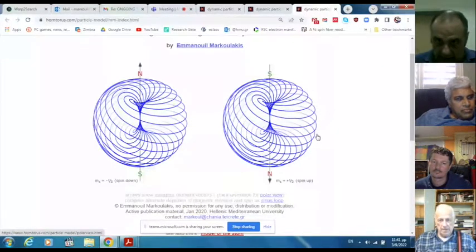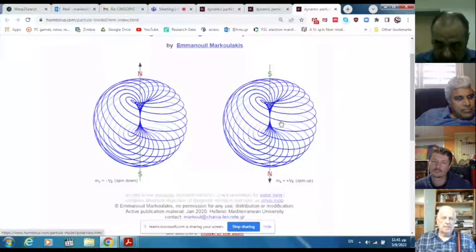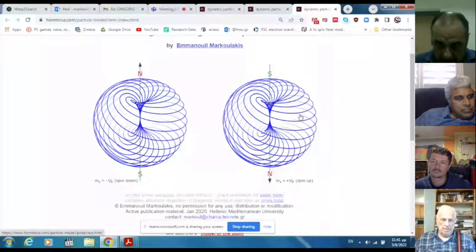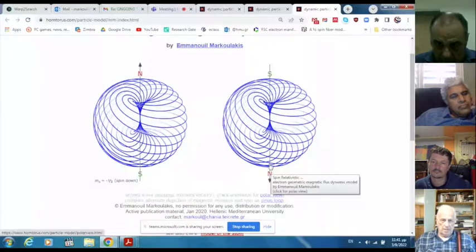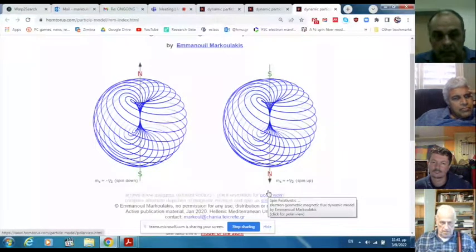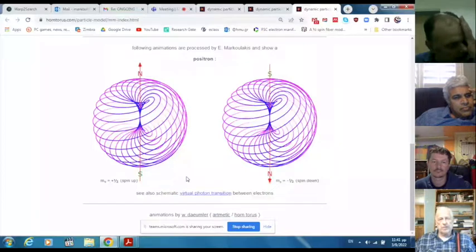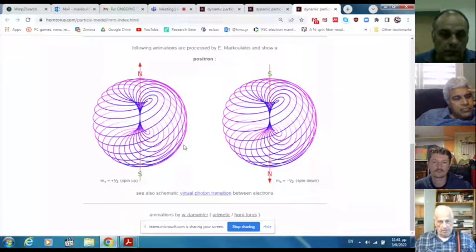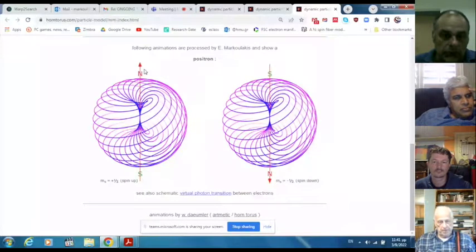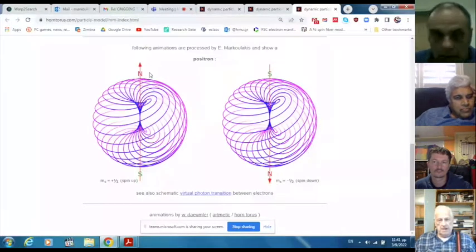Because the spin vector is up and this has a negative charge, the magnetic moment vector is pointing down. It's always anti-parallel. Whereas in the positron, which has a positive charge, spin axis and magnetic moment are aligned. So this is spin up, and both spin axis and the magnetic moment, south to north, are pointing in the same direction.